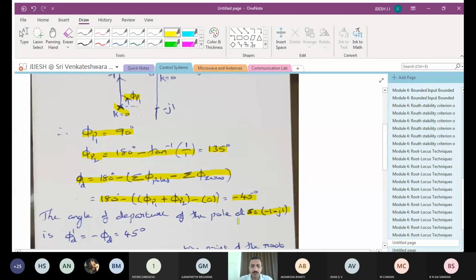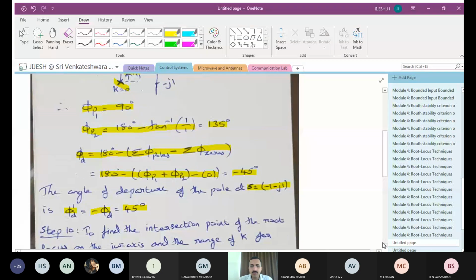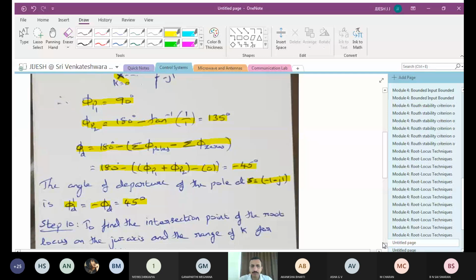So when you take minus 1 minus j1 as the pole, phi d dash will be minus of phi d, so it will be 45 degree. So you got the angle of departure for both the poles, that is minus 45 degree and 45 degree.